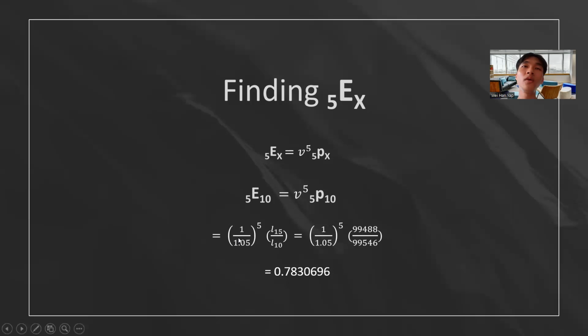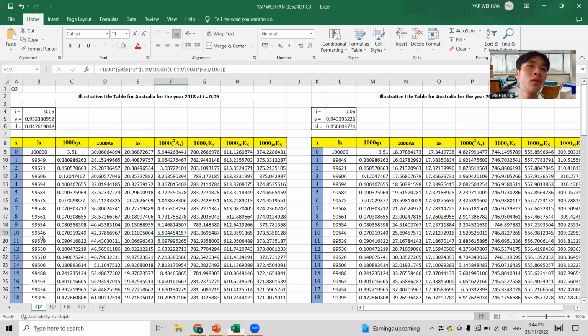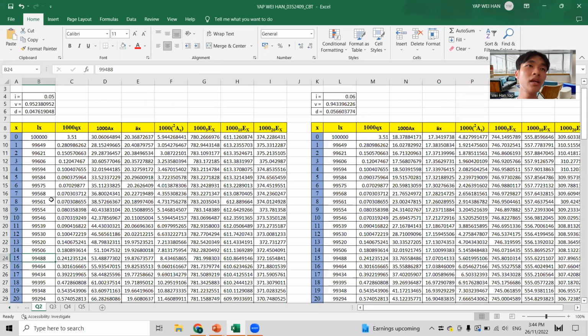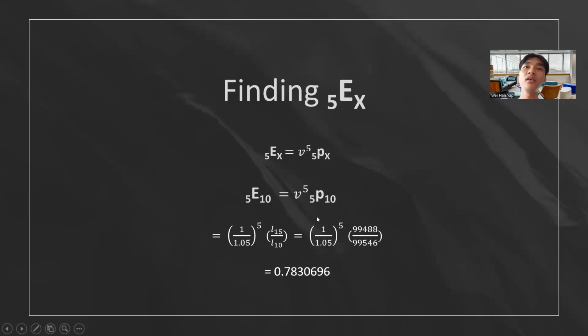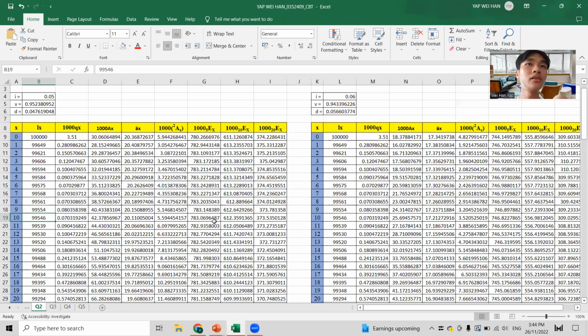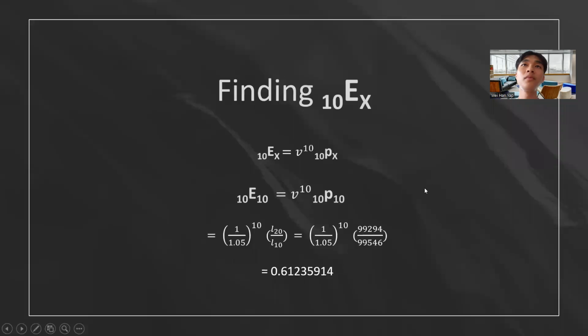So v to the power of 5, and then we find 5p10, which is 99488 divided by 99546. At the end, I'm getting 0.7830696. Let's check our answer. Is it correct? Yeah, 1000 5Ex is 783.0696487. That means I'm correct.